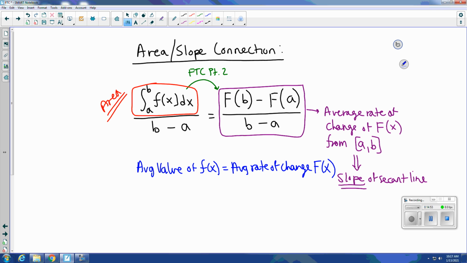So pretty cool connection there between area and slope, which seem unrelated at the start, but we now have a connection between differential and integral calculus. So that will conclude the video for average value, mean value theorem, and the area slope connection.